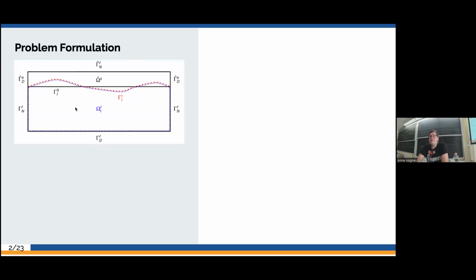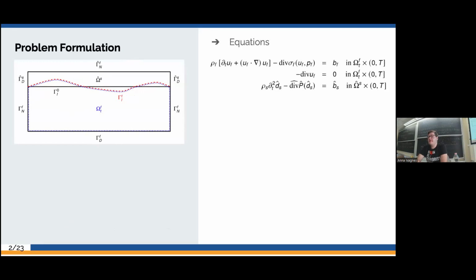So we will start with the formulation of the FSI problem, and for that we consider the following domain, where we have in blue the fluid domain, and in black the structure domain, and here in red we have a fluid-structure interaction interface, which is moving in time. In the fluid domain, we consider the incompressible Navier-Stokes equations, while on the structure subdomain, we consider the elastodynamics model.